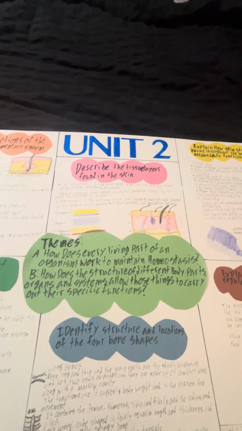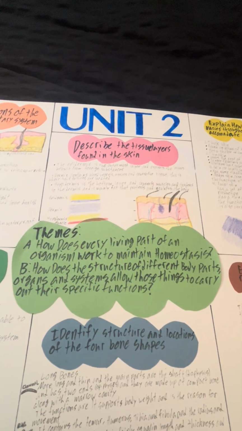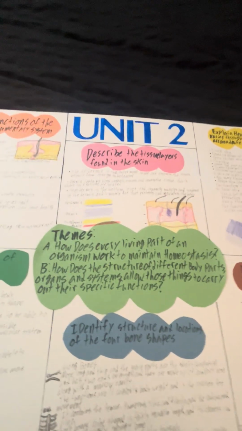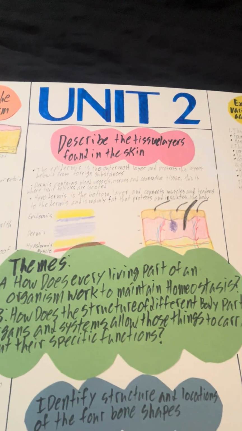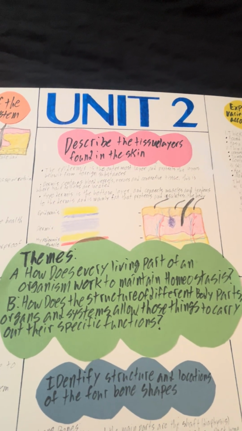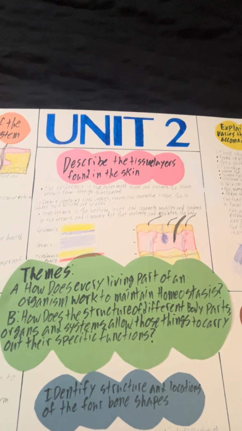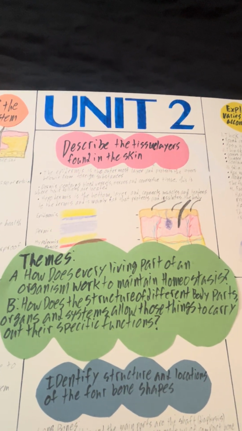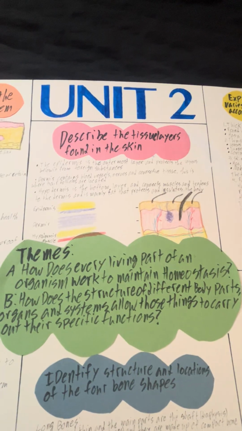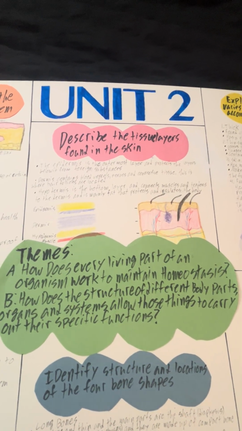This relates back to the themes because in order for our body to maintain homeostasis, it needs to regulate body temperature through sweat and chills.